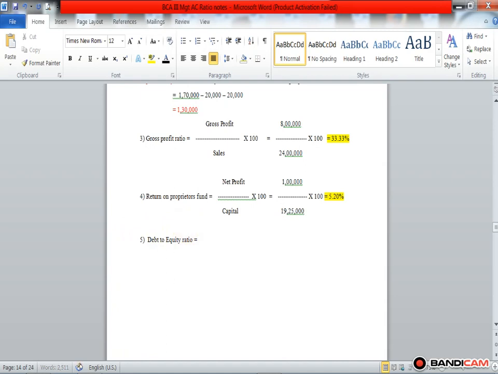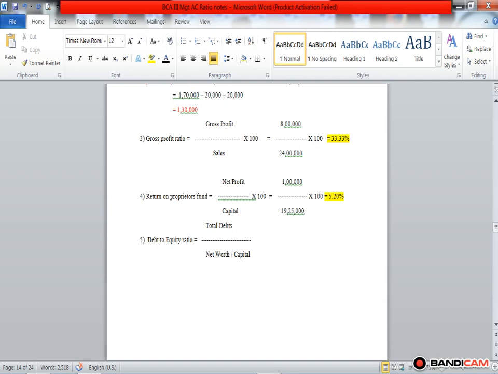Total debts divided by net worth, okay, net worth or capital, so multiplied by 100.